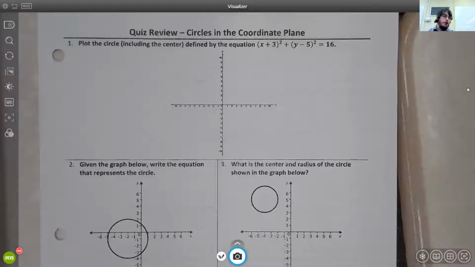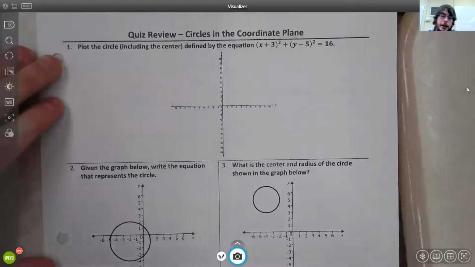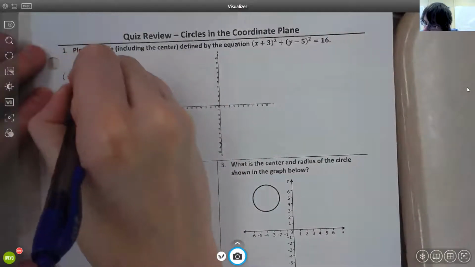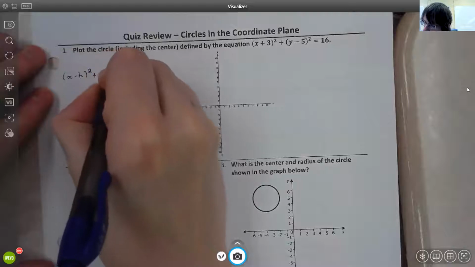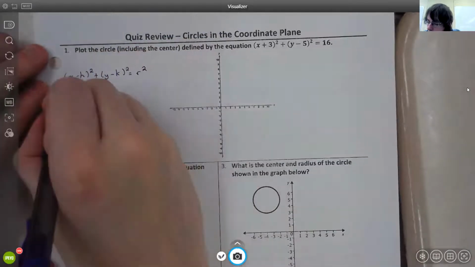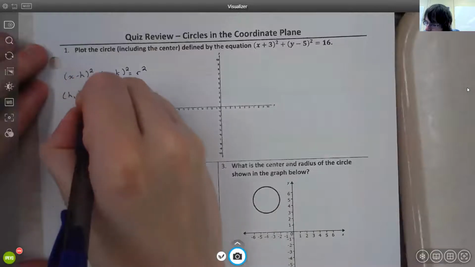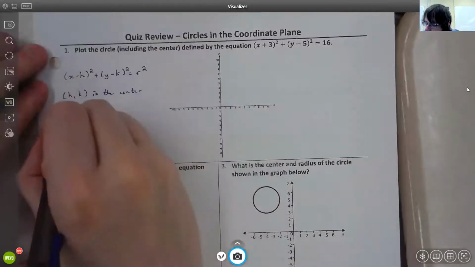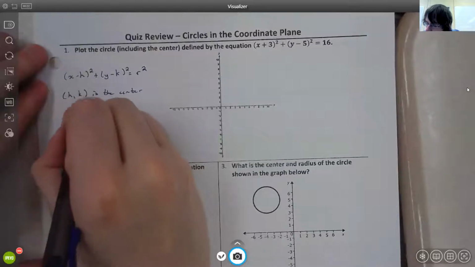Now let's look at number one. Number one says plot the circle including the center defined by the equation x plus 3 squared plus y minus 5 squared equals 16. Now remember that an equation of a circle has the general form x minus h squared plus y minus k squared equals r squared, where (h, k) is the center and r is the radius.